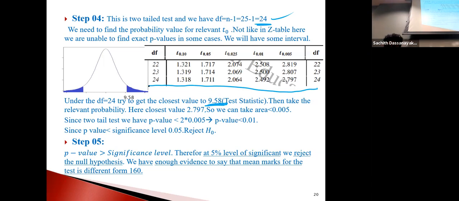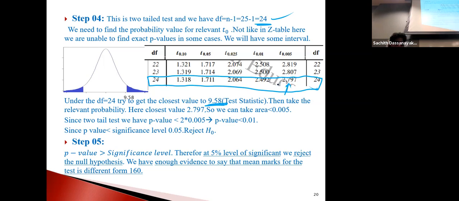I have only one option, I have to stick with this row. Whether the value is there or not, you have to stick with that row. Now find the closest value to your test statistic value, 9.58. Can you find a value very close to that? No. See, the maximum is 2.797.